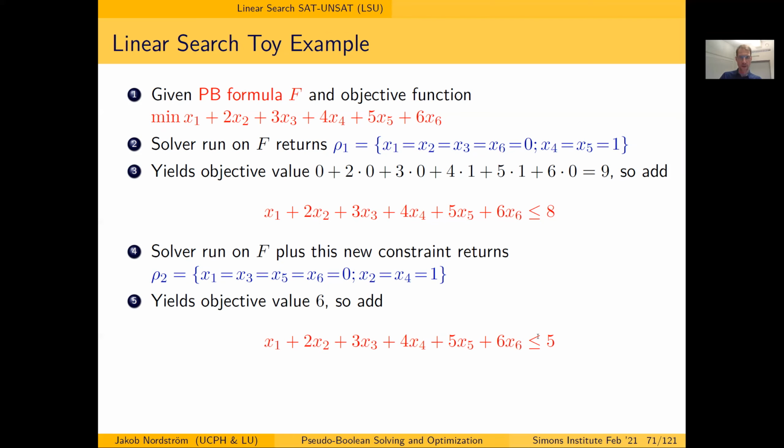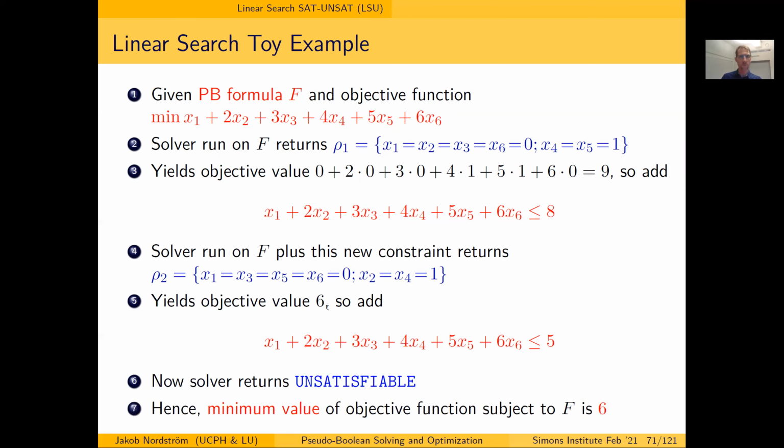And we run the solver again. And now suppose the solver returns unsatisfiable. So this means that it wasn't possible to find a solution to the pseudo-Boolean formula f that yielded objective function value 5 or smaller, but we do have a solution with value 6, so that has to be the optimal solution, so we can return 6 as the optimum.